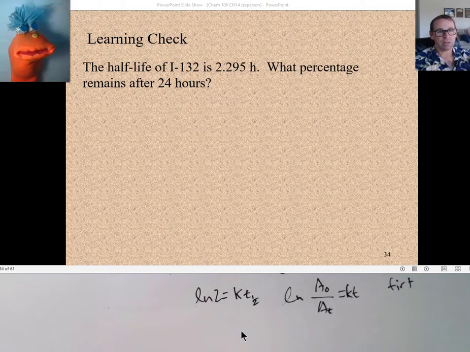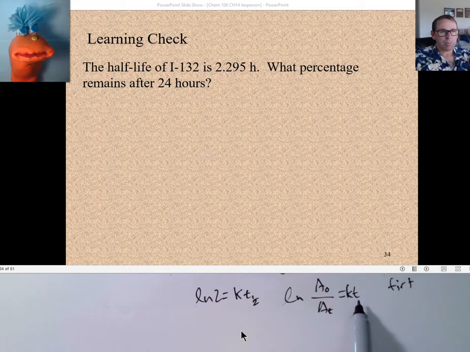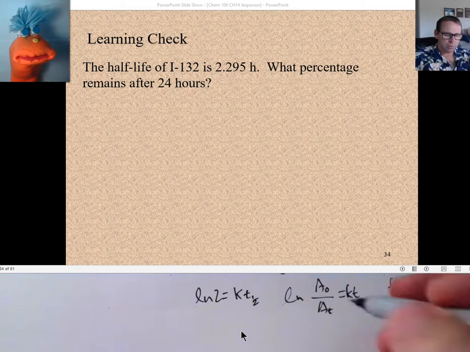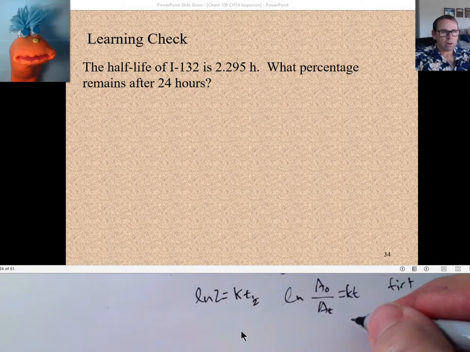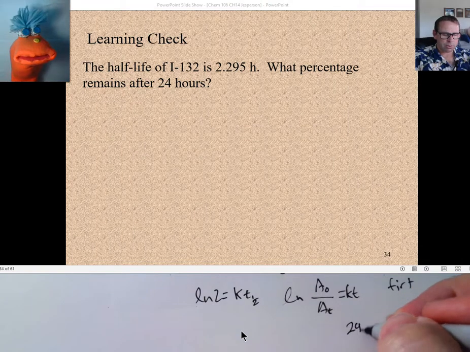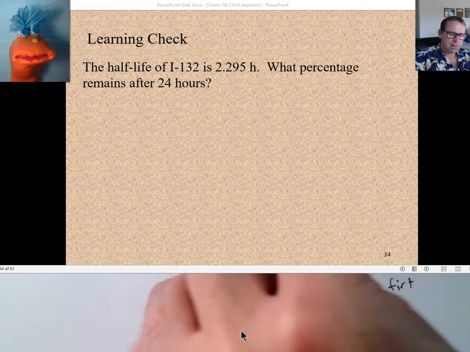Because in this case, if we try to populate all of our variables, we have 4 variables in this equation. We have the half-life is 2.295, but then we have 24 hours. We want to know what percentage is left over. Our half-life is in hours, so we can keep this as 24 hours, times our k, which we don't know.